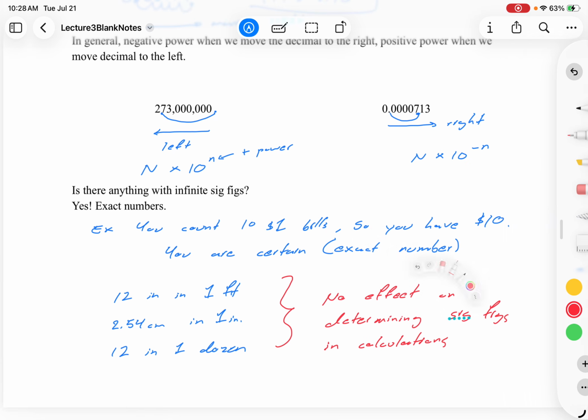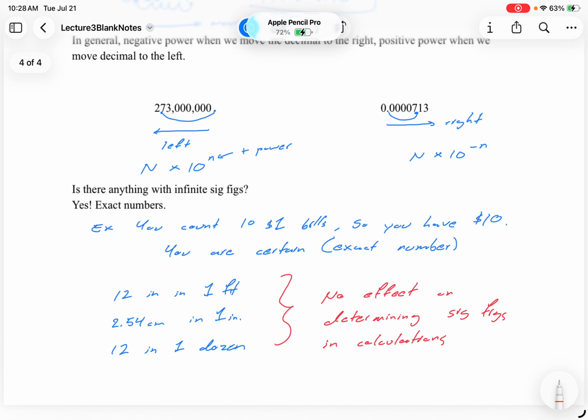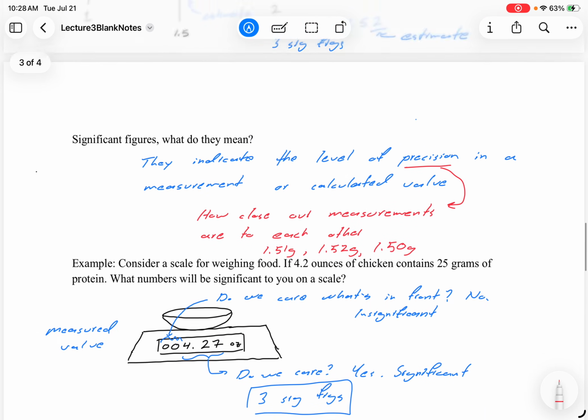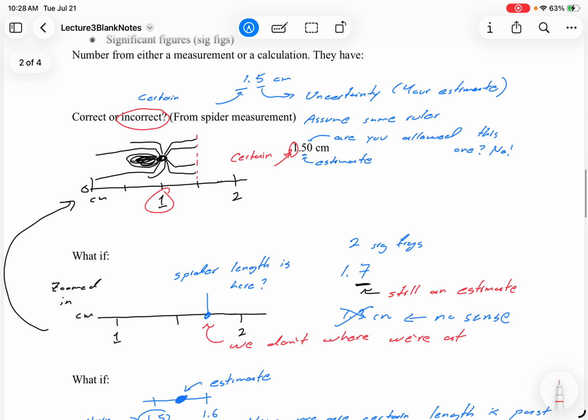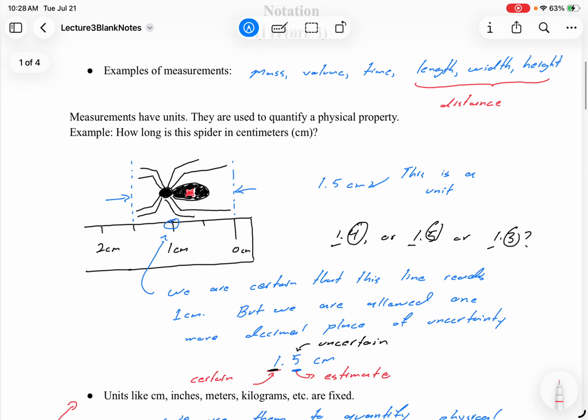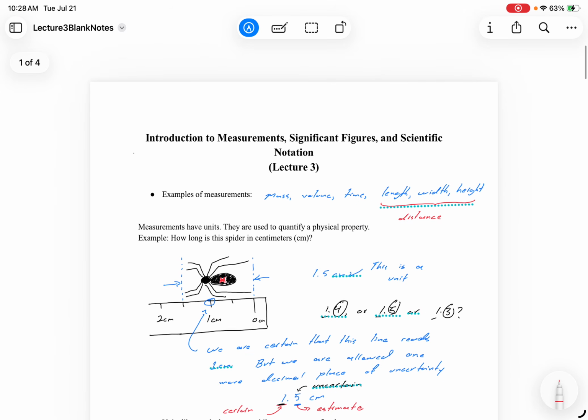So yeah, they have no effect on sig figs in calculations. So if stated as exact, then it is safe to assume infinite sig figs when doing these problems. We're gonna go more over this stuff in the next lecture. This is your rough introduction to this. Actually, I hope this is a good introduction.